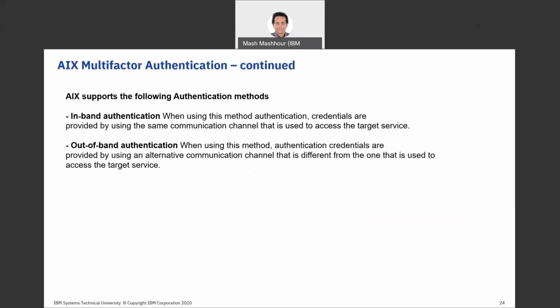However, with outbound authentication, the credentials are provided by using an alternative communication channel that is different from the one used to access the target service. So it is multi-factor. It can be integrated with SecurID, with pluggable authentication modules, with other tools, with secure keys, with digital keys, with RSA keys, and so on.